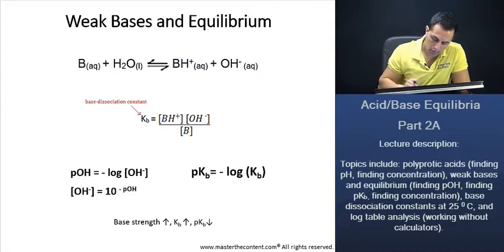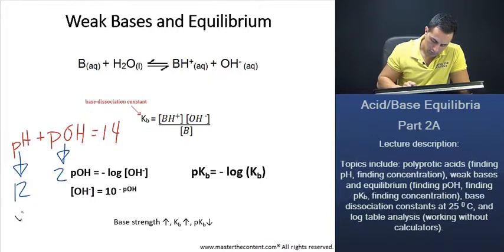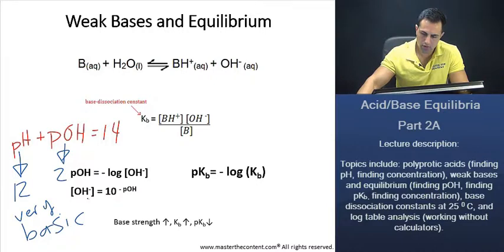So if we remember, pH plus pOH equals 14. Now, if pH were to equal 12 and pOH were to equal 2, this is going to be a very basic solution, and we know that because the pH is 12.